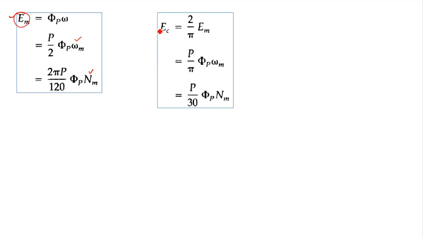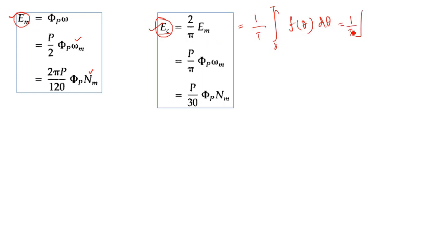Now if I want to find the average value of induced EMF, that is with the commutator segment, how do we calculate the average value? We integrate 1 by T, 0 to T, any signal with respect to dt. If it is a function of θ, I can write it with θ. So here I can find it in the same way, right?